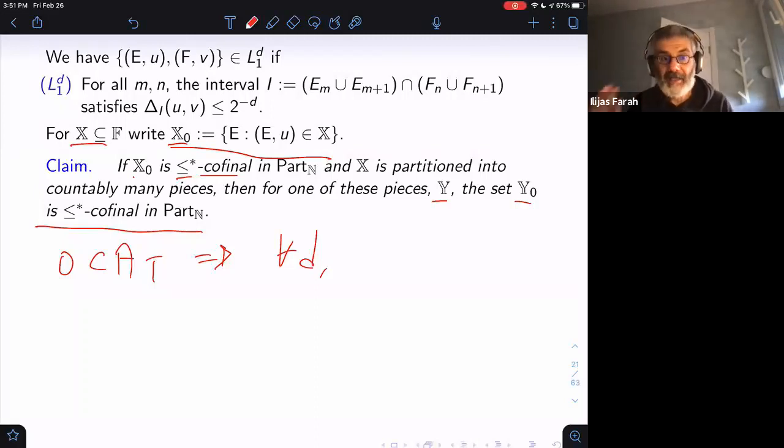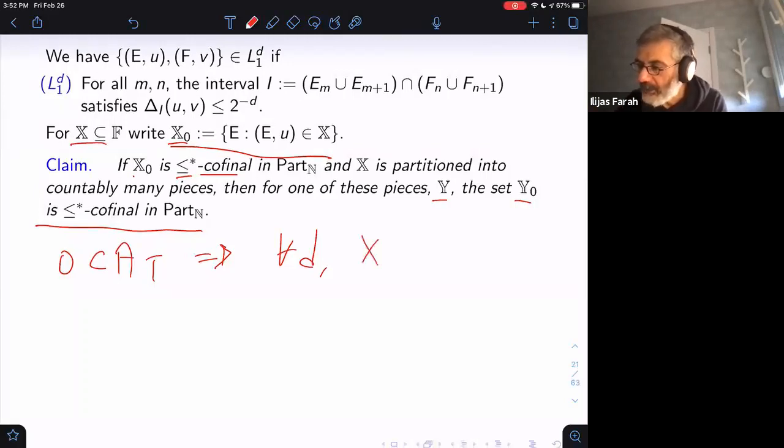Okay, so I think I know exactly the moment when I was interrupted. So OCA implies that for every d, we can write X as a union of countably many pieces.